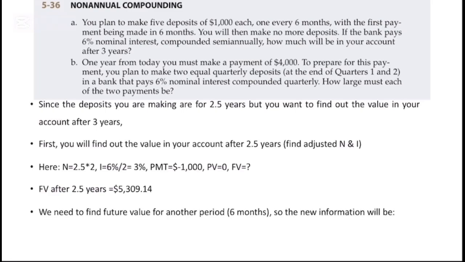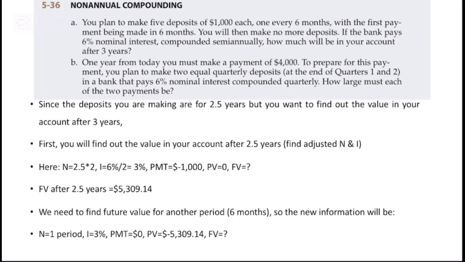Now remember that this future value is for 2.5 years, but in the question it says that we have to find our future value after 3 years. So we need to find the future value for another period, and that period is another 6 months. So the new information will be N equals 1 period, I equals 3%, which we just found above.